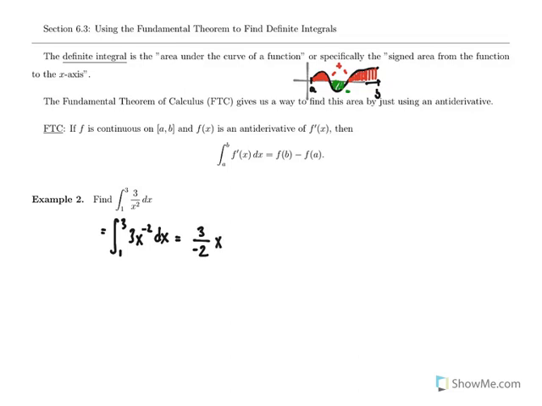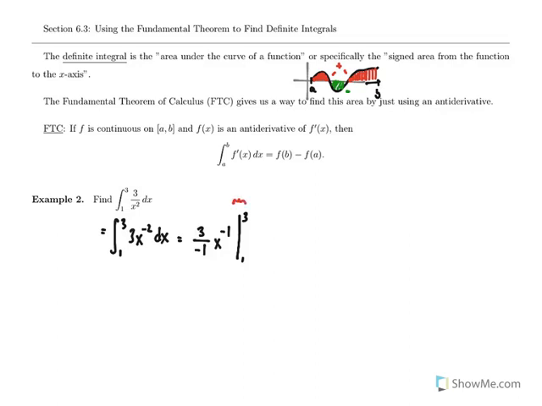And then we're going to, sorry, that's not true. 3 over negative 1, x to the negative first power. We're going to add 1 to the exponent, divide by that exponent, and we're going to evaluate from 1 to 3.